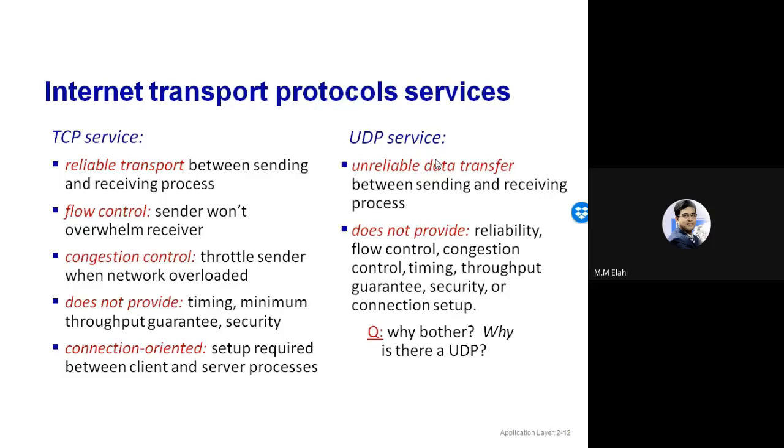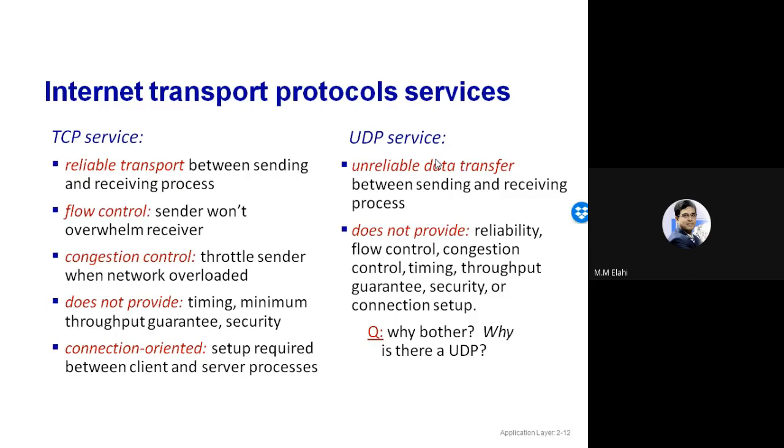On the other hand, UDP, the main characteristic is it will have no feedback. No feedback means no extra data. No extra data means definitely it will take less time, right? So that is the idea of UDP. It will definitely be faster.